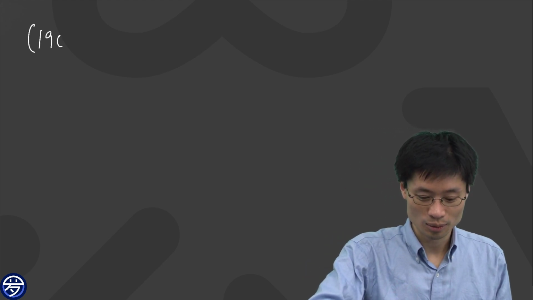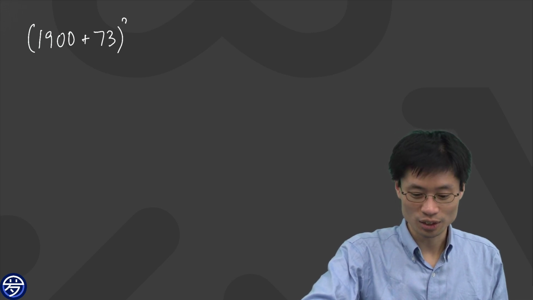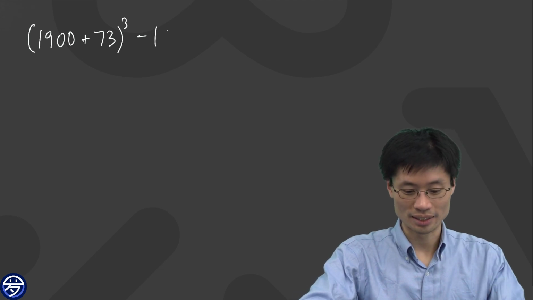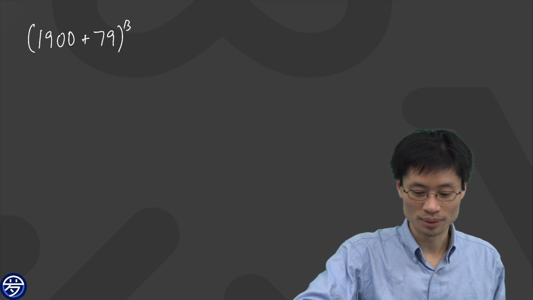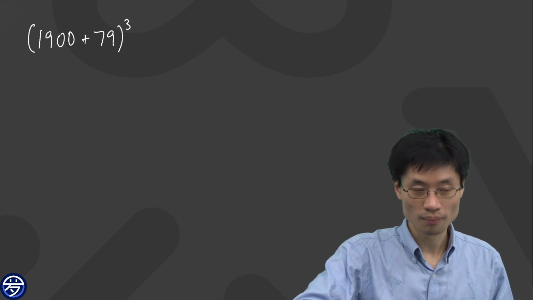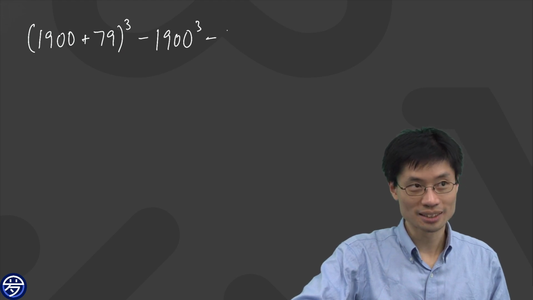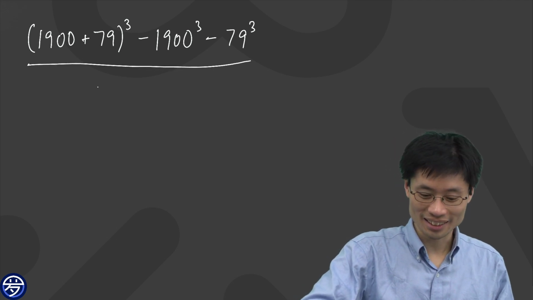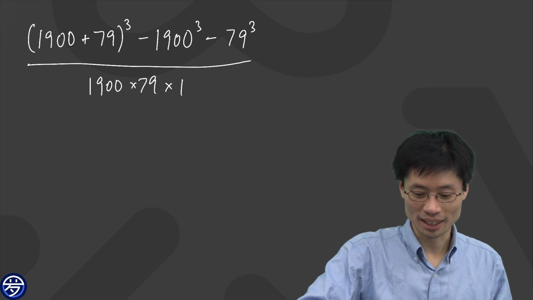They said I should take (1900 plus 79) cubed minus 1900 cubed minus 79 cubed, divided by 1900 times 79 times 1979.